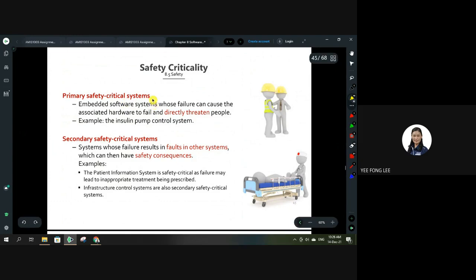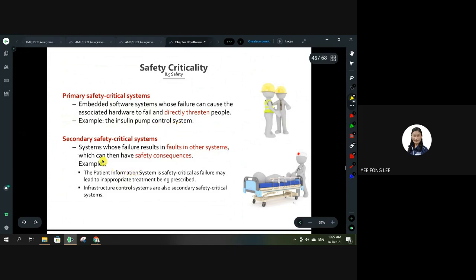Malfunctions of such software can cause a hardware malfunction, which results in human injury or environmental injury. An example here is the insulin pump control system. System failure here might lead to user injury.